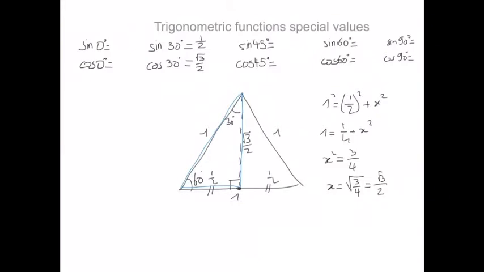If we now consider the 60 degree angle, here is this angle right there. So the sine of 60 degrees is going to be the side opposite to this angle, so it's this one divided by the hypotenuse. It's right there. So I'm going to get the square root of 3 over 2. You can notice, by the way, that this ratio is exactly the same one as the one we've used for cosine 30.